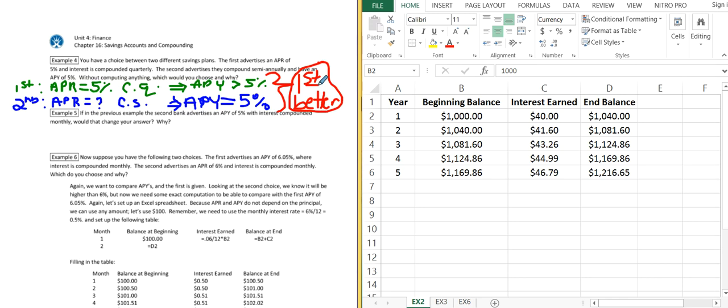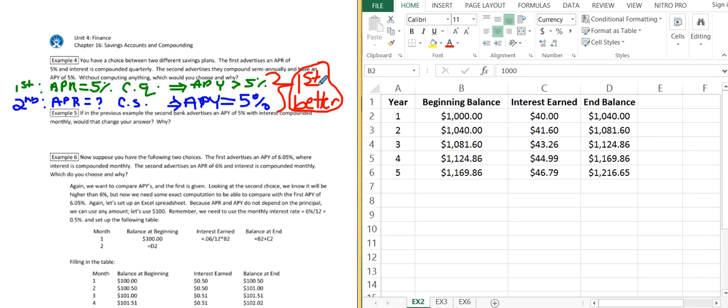All right, now it says example 5. Suppose that in the previous example, the second bank says that they have an APY of 5% with interest compounded monthly this time. Would that change my answer? It would not, because the second one's APY is still 5%. The fact that it compounds monthly, that's great, but they've already told me the end result.